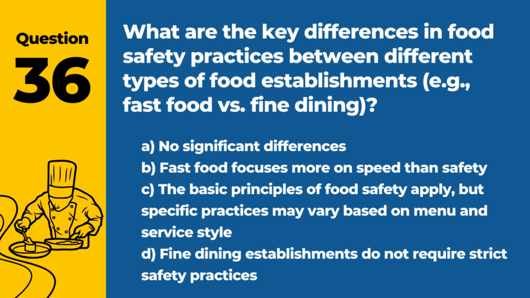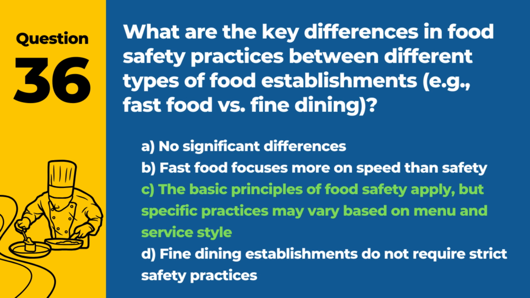Question 36. What are the key differences in food safety practices between different types of food establishments? For example, fast food versus fine dining. A. No significant differences. B. Fast food focuses more on speed than safety. C. The basic principles of food safety apply, but specific practices may vary based on menu and service style. D. Fine dining establishments do not require strict safety practices.